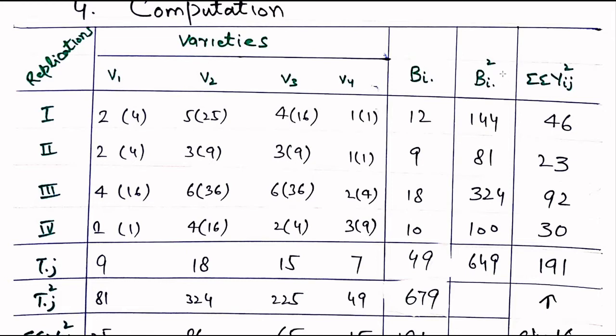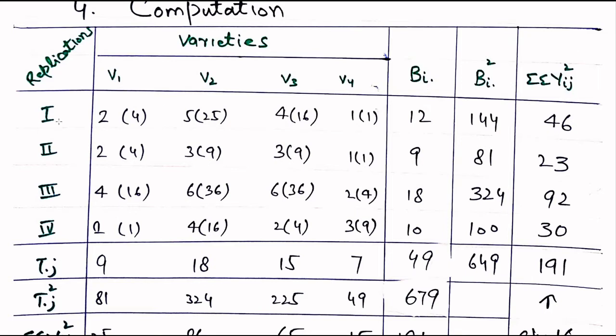Bi dot square: squaring this, 12 square 144, 9 square, and 18 square, 10 square 100, and here is the sum of Bi dot square 649, sum of Bi dot 49.